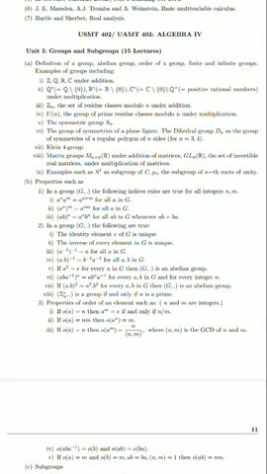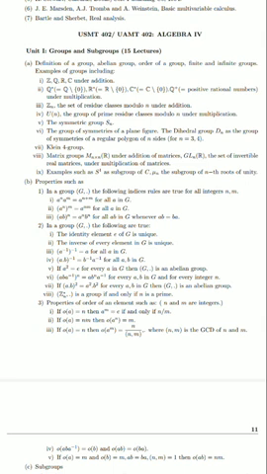Zn, the set of residue classes modulo n under addition. Un, the group of prime residue classes modulo n under multiplication.